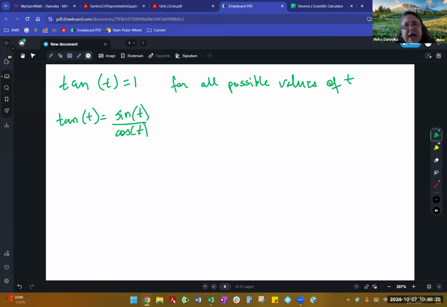And you're not going to have too many options which will give you tangent of t is equal to 1. Any ideas on what that angle measurement would be?